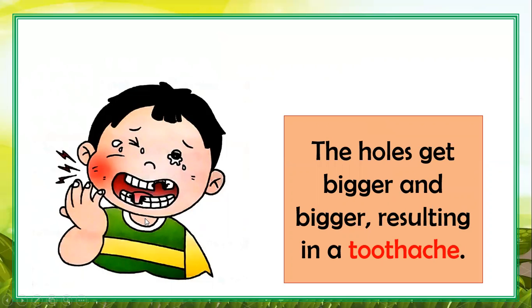And if you have a toothache, sometimes your cheek is swelling. And of course, if you have a toothache, you cannot eat properly. And sometimes, especially at night, if your toothache attacks, you cannot sleep well.